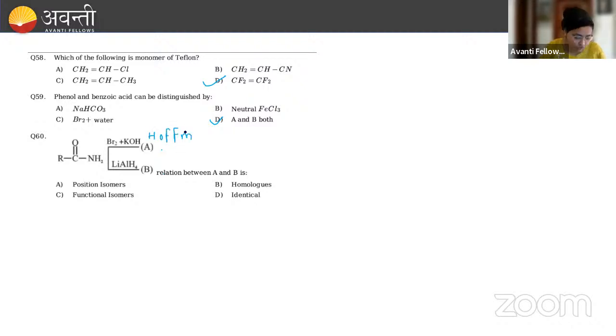Here there will be production of RNH2. In the second reaction, when LiAlH4 reacts with the amide, there will be formation of RCH2NH2. The CO group undergoes reduction and gets converted into CH2 with the help of a very strong reducing agent. LiAlH4 is a very strong reducing agent. It converts CO into CH2.